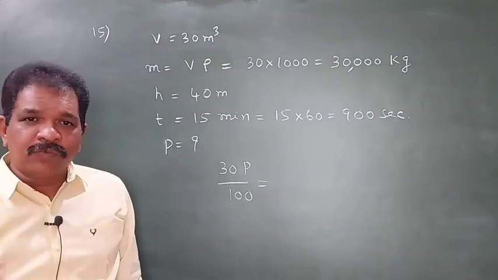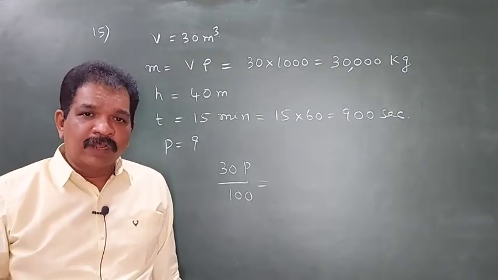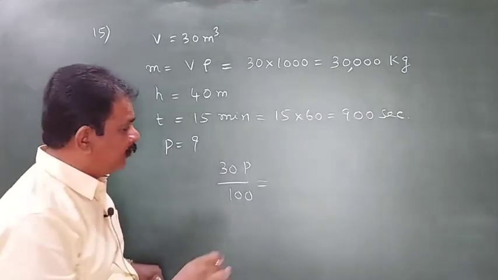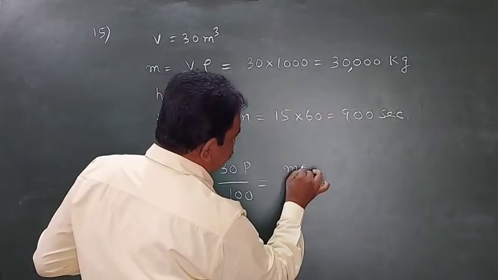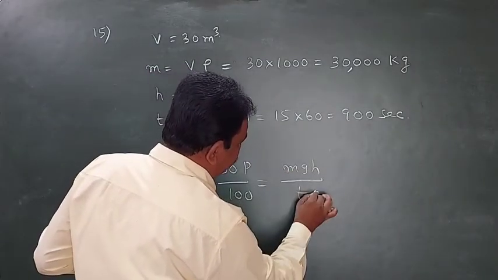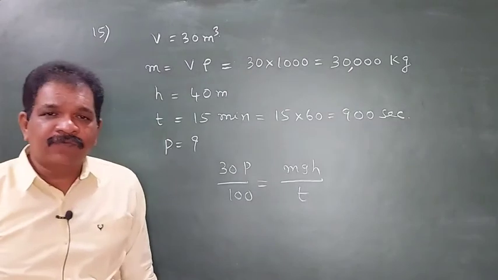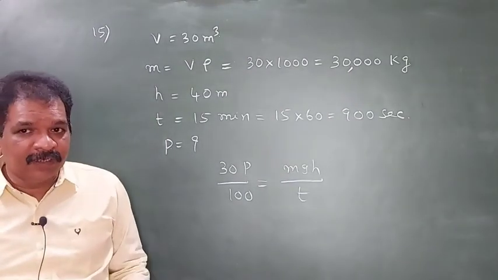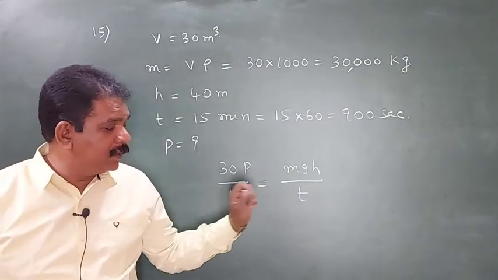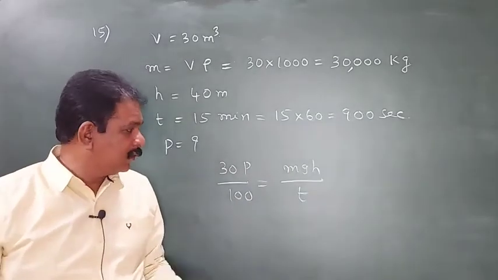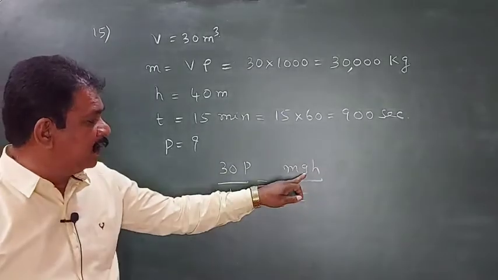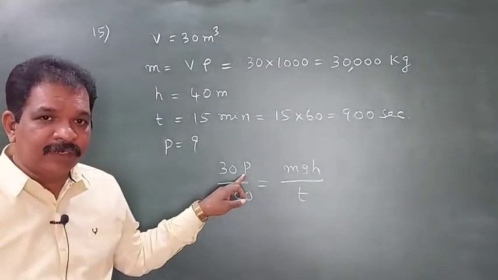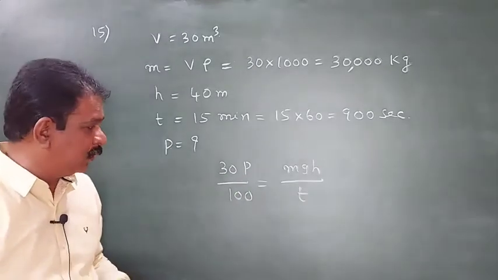Power is equal to work by time. Work may be in the form of potential energy or kinetic energy. Here height is given, so it is potential energy. 30 P by 100 is equal to mgh by T. M given, g constant, h given, time given. We have to calculate P, just substitution only.